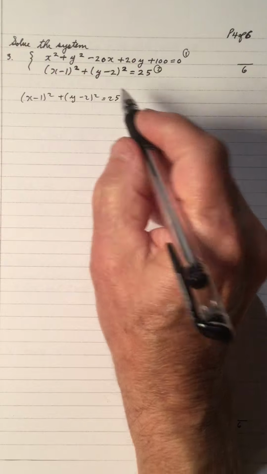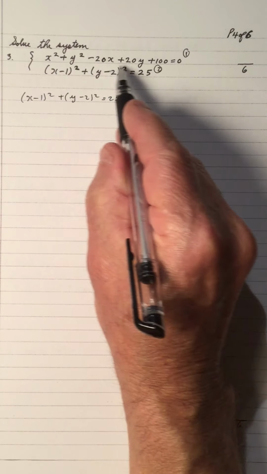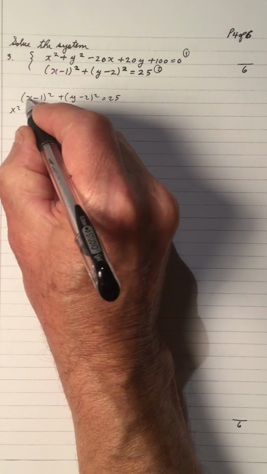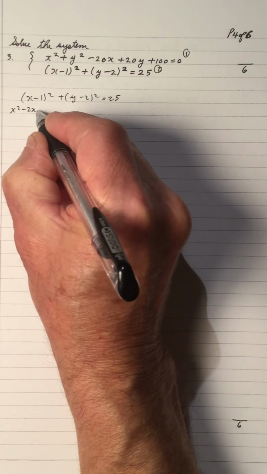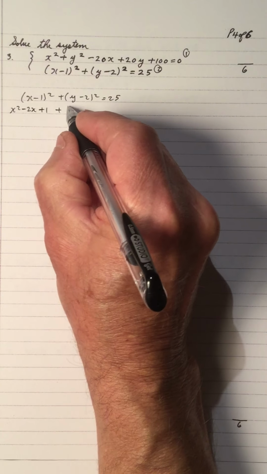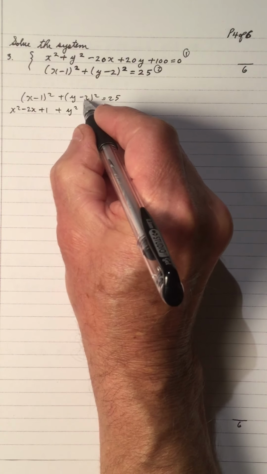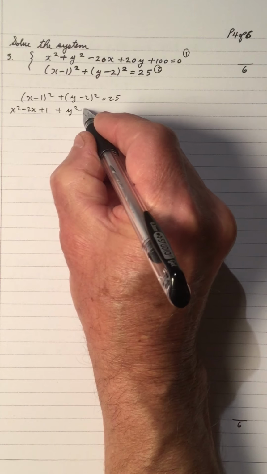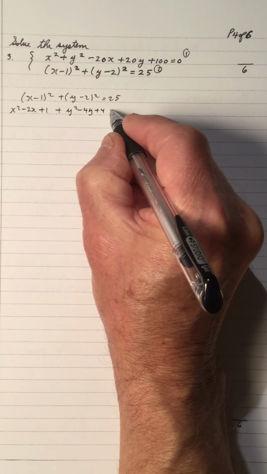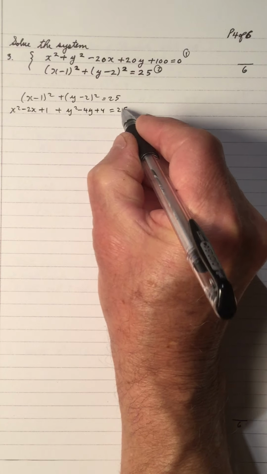And let's square this out and make it a general form looking like number 1. So we square, we get x squared, the product, negative x doubled, negative 2x, negative 1 squared is 1. Y squared, the product, negative 2y doubled, negative 4y. Negative 2 squared is 4, equals 25.